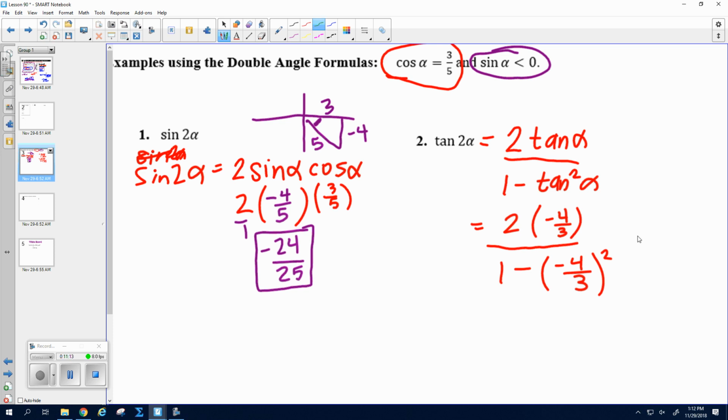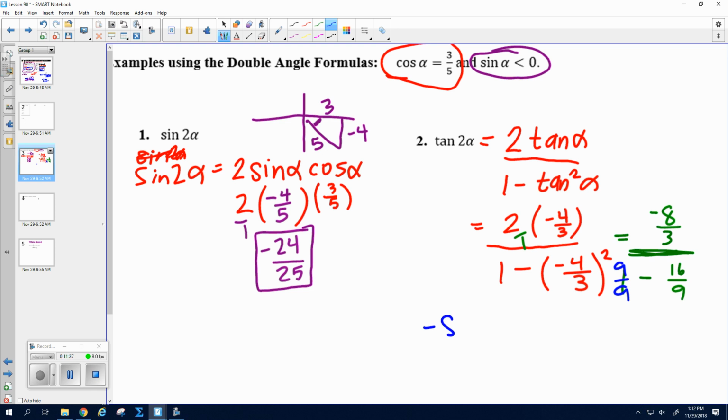And then we just do some math right here. This times this is negative 8, this times this is 3, so that's negative 8/3, over 1, still a minus right there because I'm squaring the negative, so that's 16/9. I'm going to change this 1 right here to 9/9.